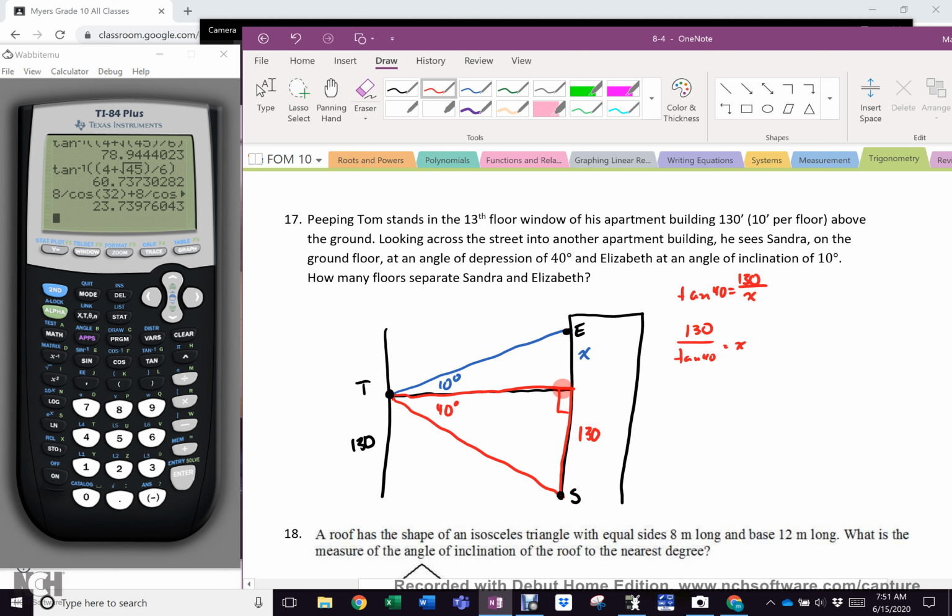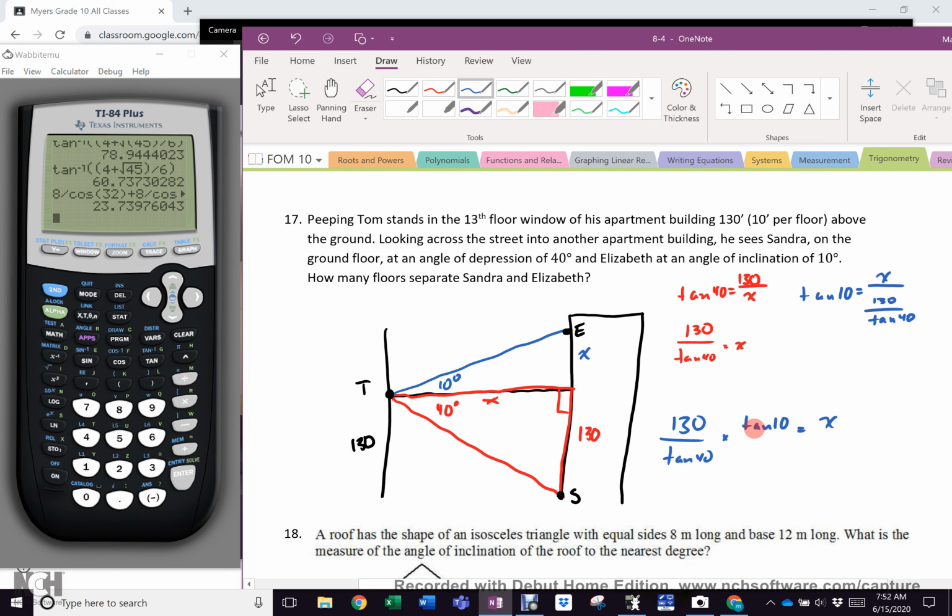Now, that means I know what this is, because that's x. In blue, tan of 10 equals opposite x over this one, which is 130 divided by tan 40. So that has to go up here. So 130 divided by tan 40 times tan 10 will equal x.